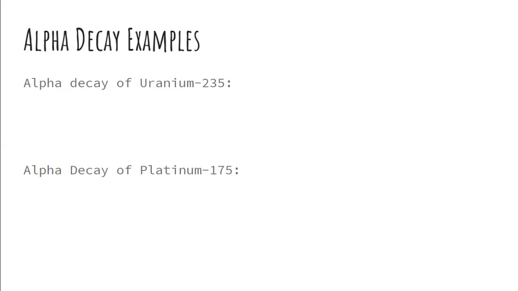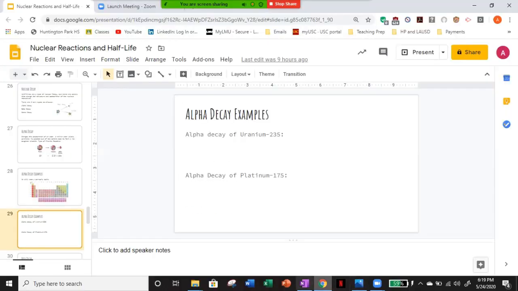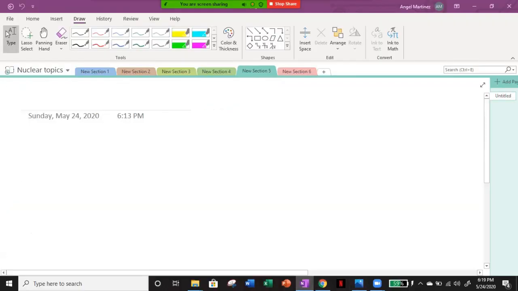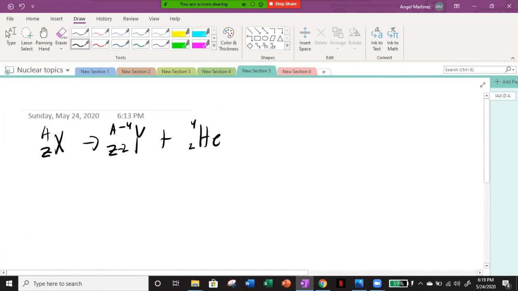Okay, so for that, let's go to my paper or Microsoft OneNote. First, we should remember what alpha decay is. X with A and Z goes to Y with A minus 4 and Z minus 2, plus helium 4, 2.